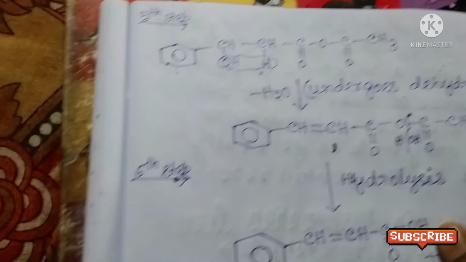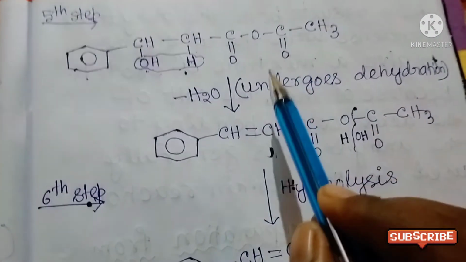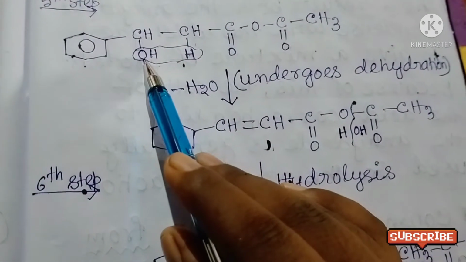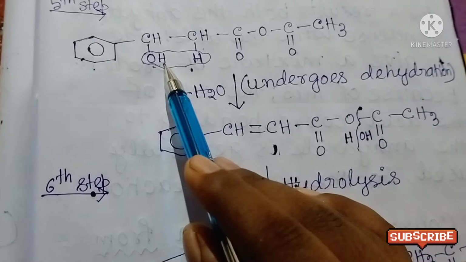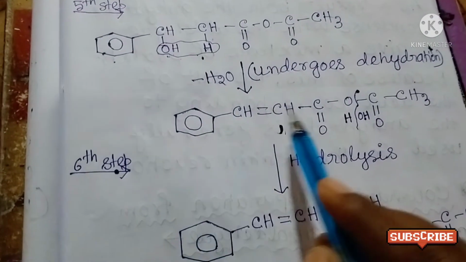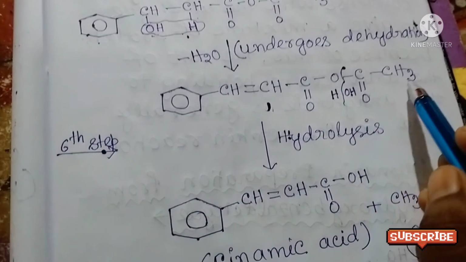Now in the next step the beta hydroxy anhydride undergoes dehydration. This hydrogen and this hydroxyl group combine and one molecule of water is removed and we get CH double bond CH, C double bond O, O, C double bond O, CH3.